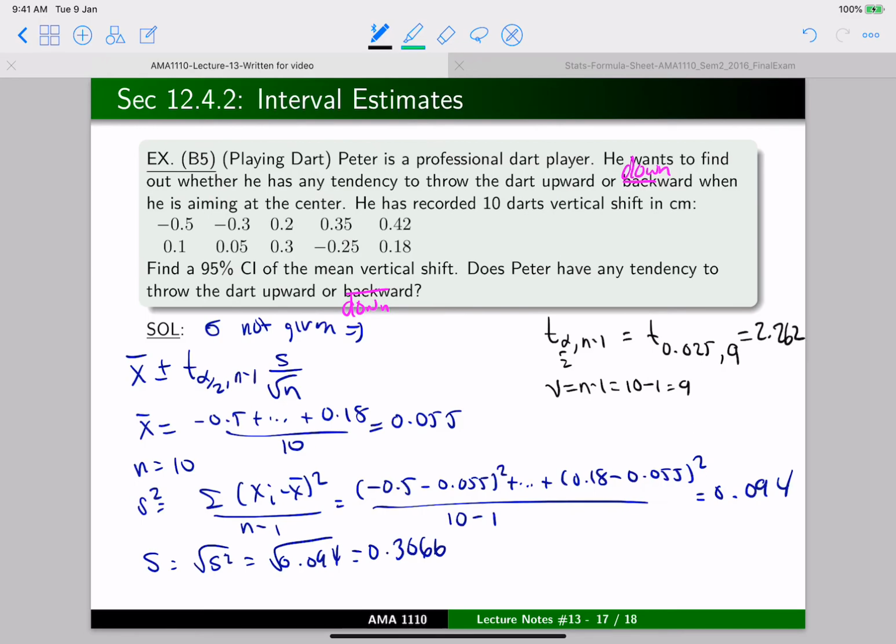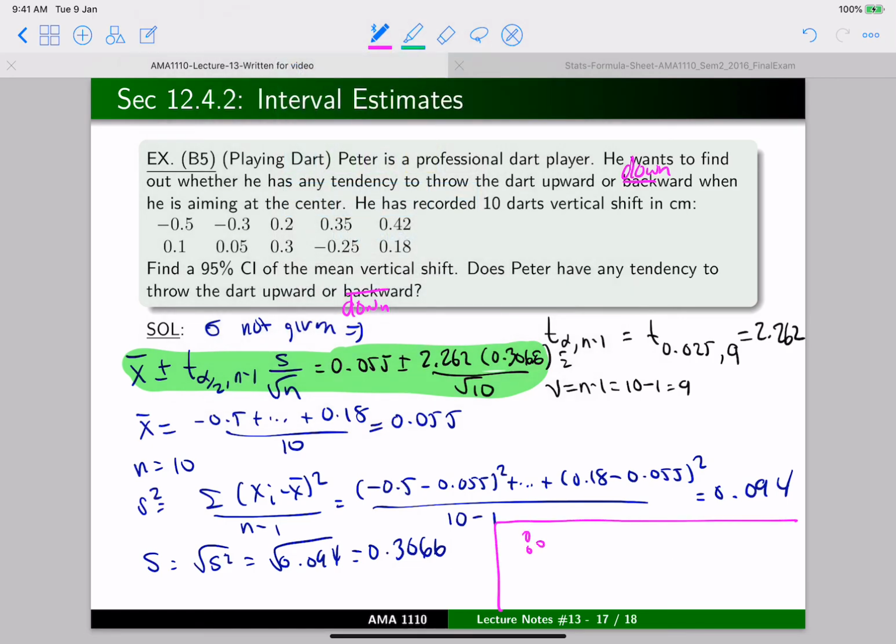So you just plug it in. So it's 0.055 plus or minus 2.262 times the sample standard deviation 0.3066 divided by the square root of 10. This will be the answer.